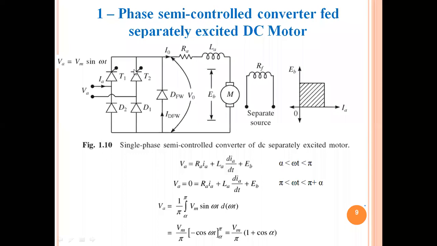This thyristor will operate for 180 degrees and this thyristor will operate for another 180 degrees. So 180 plus 180, 360 degrees. So this half controlled or semi controlled converter will operate for the complete 360 degrees, which means you will have the positive half cycle as well as the negative half cycle operation. Both cycles will be covered in this converter because of two thyristors.